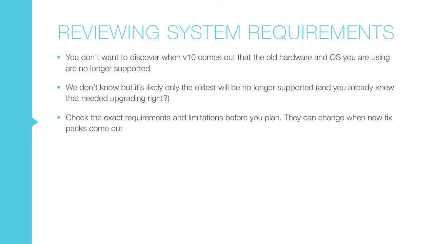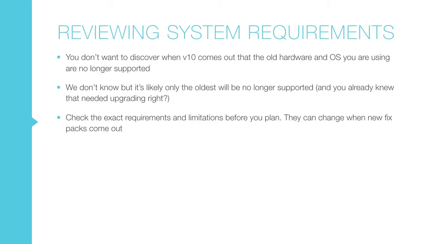So if you're on Windows 2003 as your operating system, you already know that needs upgrading. So it's very likely, if anything is no longer supported, it's going to be the oldest versions of operating systems. Always, regardless of when you're upgrading, check the exact requirements and limitations before you plan.